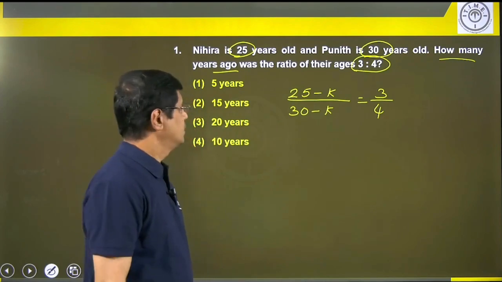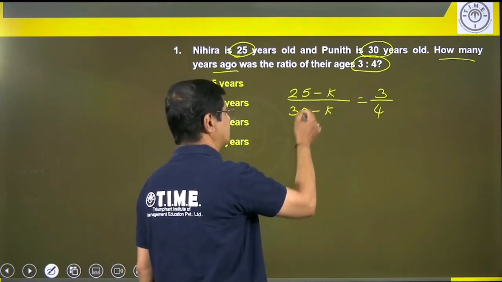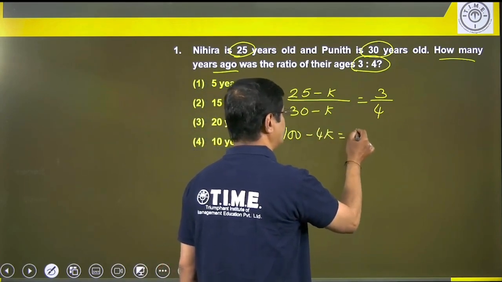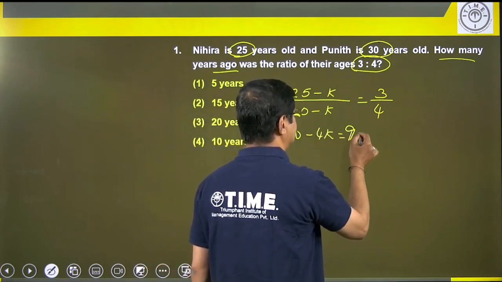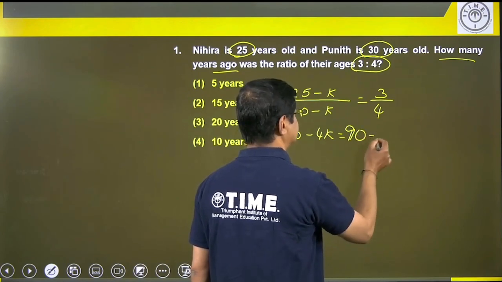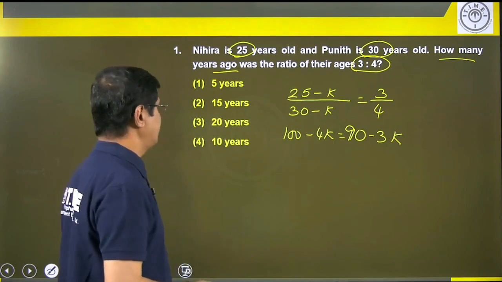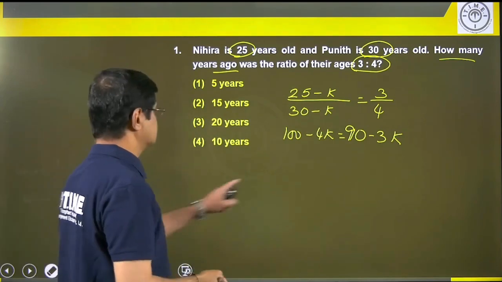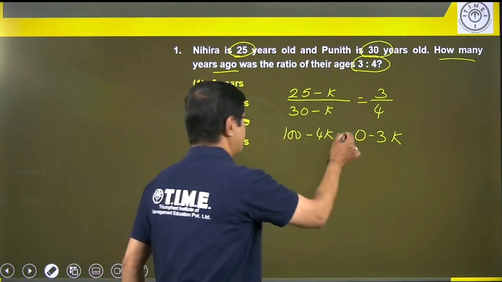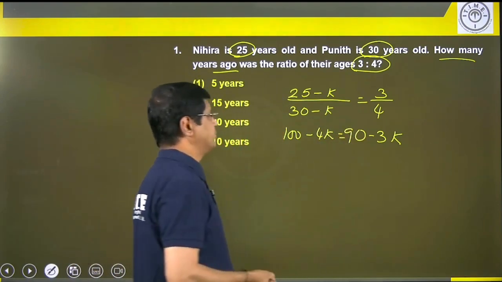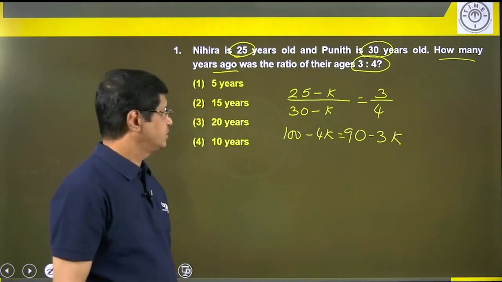Solving this by cross multiplication, 4 times 25, that is 100 minus 4k, is equal to 90 minus 3k. So 4 times 25 and 4 times k, 3 times 30, 3 times k.